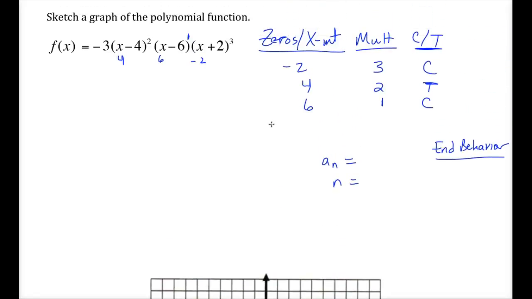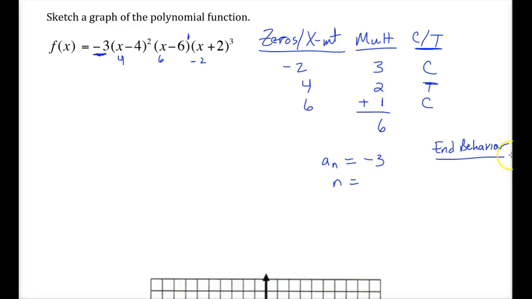Now, we don't want to start trying to draw whether it crosses or touches through until we figure out what the end behavior is. So we know in order to find the end behavior, we need to know the leading coefficient and the degree. Well, the leading coefficient is easy because it's right here. It is a negative 3. And for our degree, we just add up the multiplicities here. So 3 plus 2 is 5, 5 plus 1 is 6.